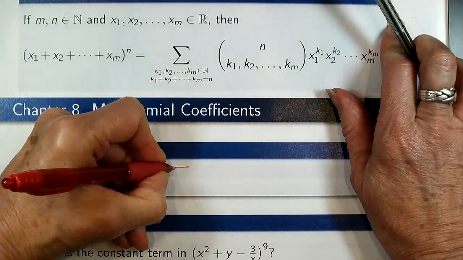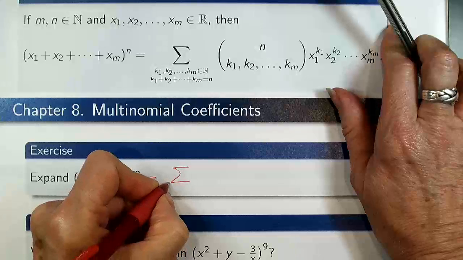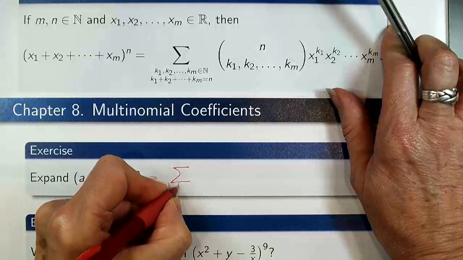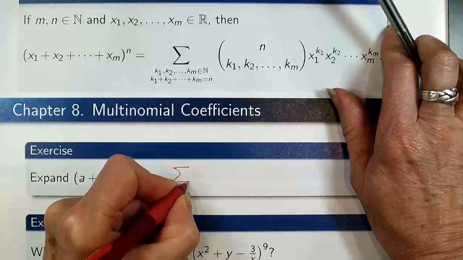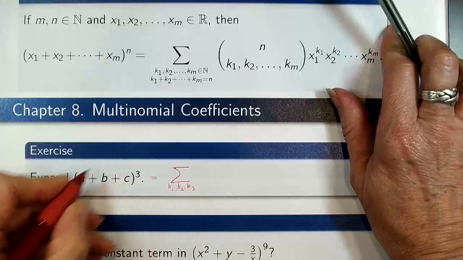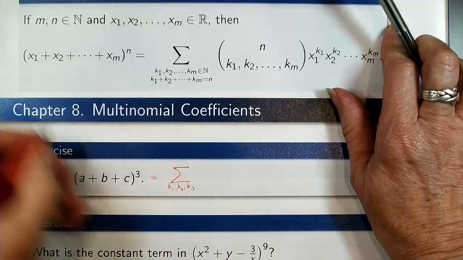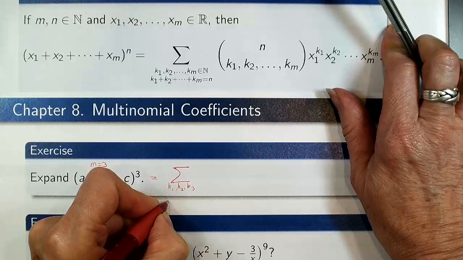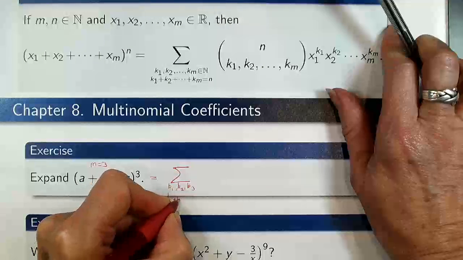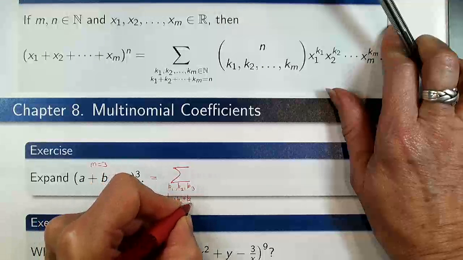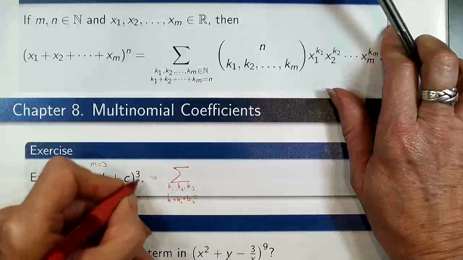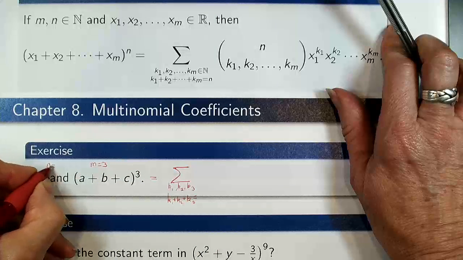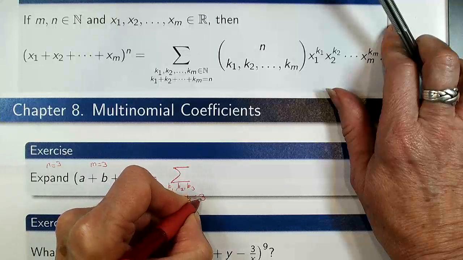It's the sum. And I'm looking for all k1, k2, and k3, because in this case I've only got 3 terms, so m is 3, such that k1 plus k2 plus k3 equals n, and n equals 3.